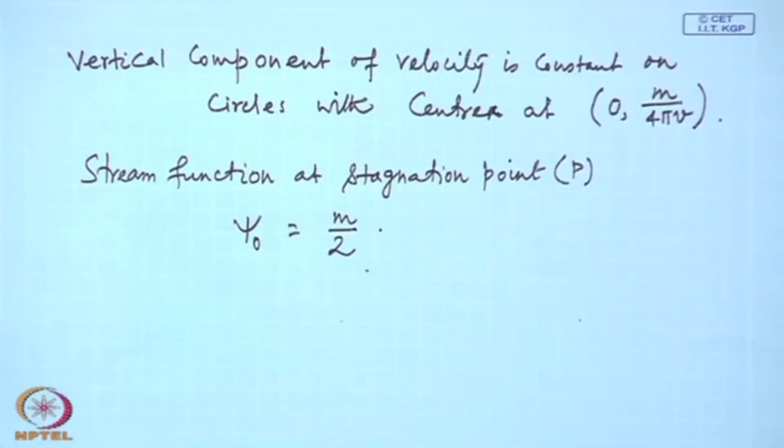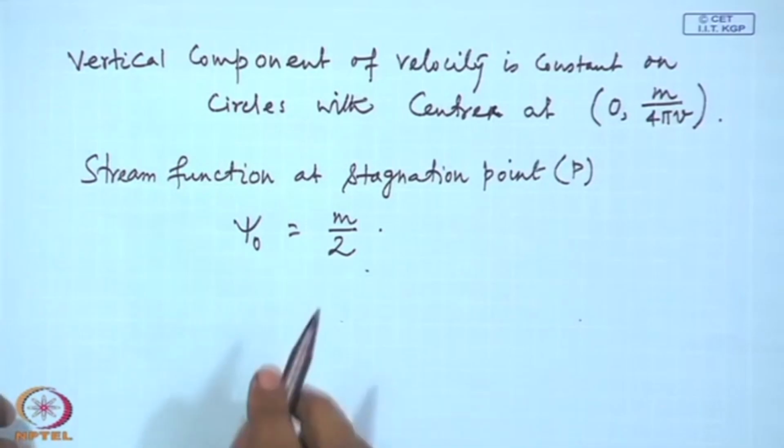So, what will be the streamline passing through the stagnation point?